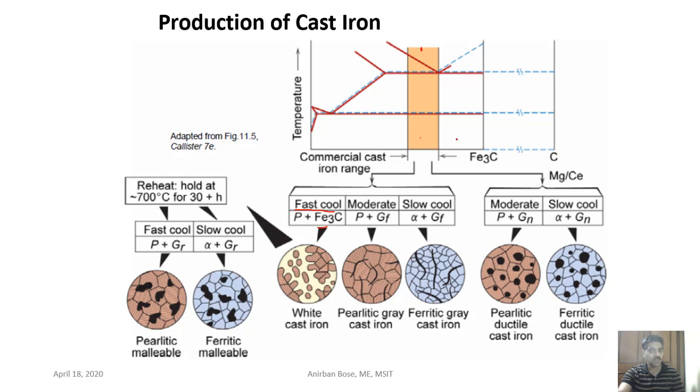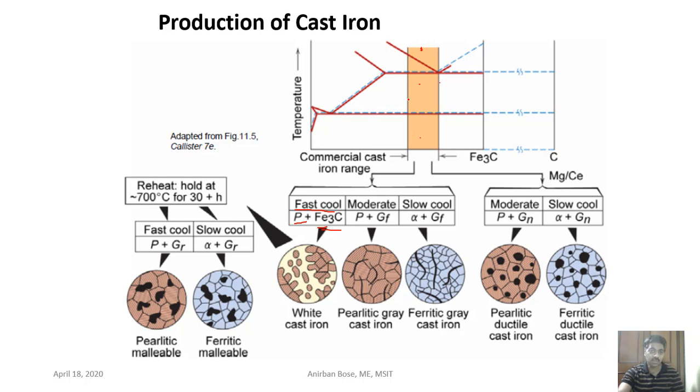Maybe if you cool it very fast through this region, even the formation of pearlite may not be possible, and ultimately it can form martensite. That is also possible. It all depends upon the cooling rate, because if you cool austenite very fast, it can form martensite, or if you control austempering, then a bainite structure can also be formed. So everything depends on the cooling rate.